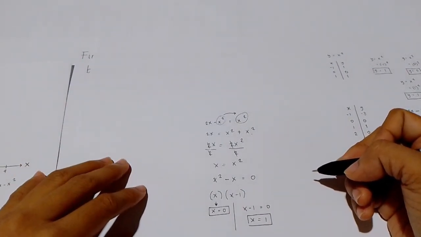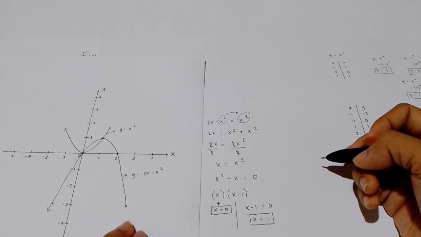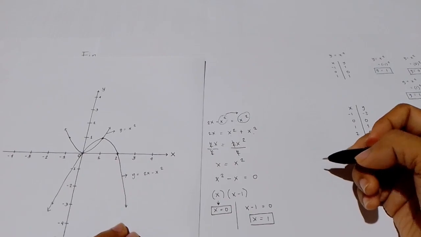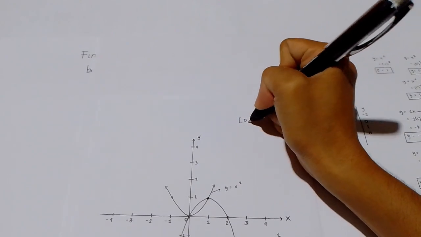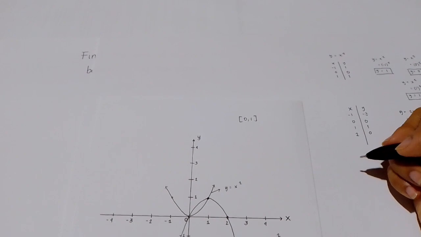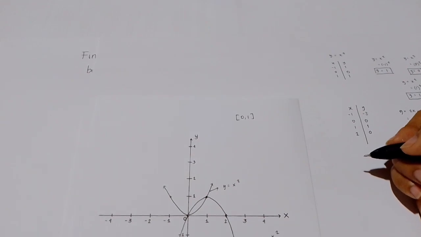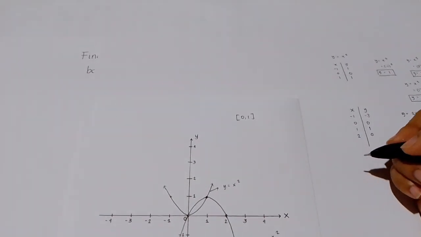So now we have our graph, and we have also identified the points of our closed interval, which is 0 and 1. So let us proceed to our next step, which is identifying the upper bound and the lower bound functions.